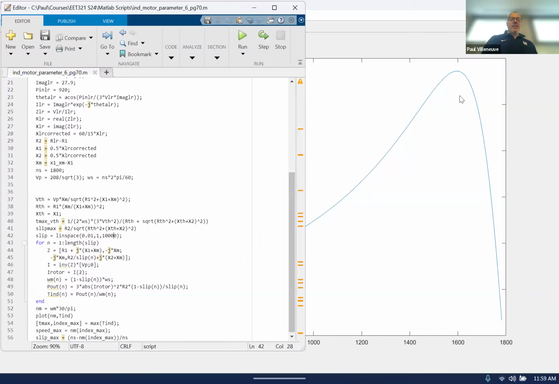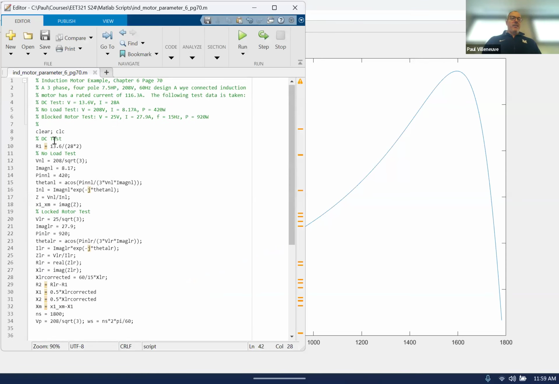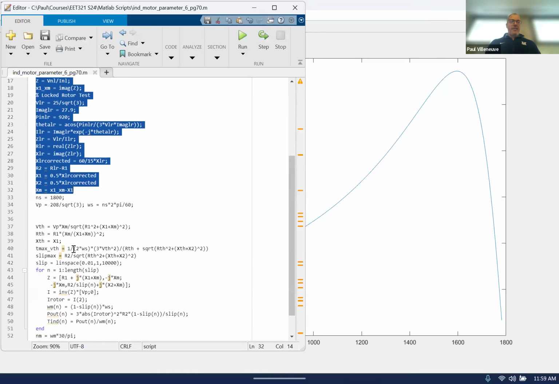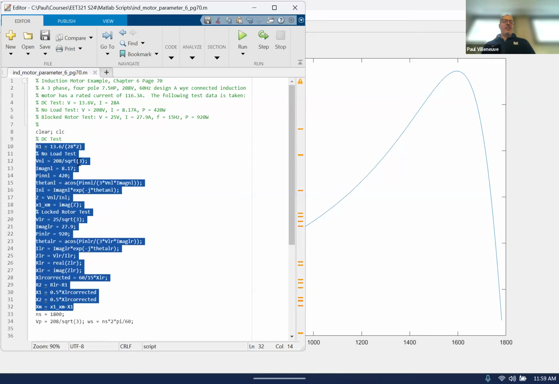So again, you don't need to be an expert at MATLAB. I didn't expect you to do any of this stuff over here. But the lines from here to here are how you calculated that. And then I had 2 or 3, maybe 4 additional lines to calculate that. So maybe 15 lines, but that's just like you were doing it in your calculator. I like it because, as I said, if you look at the beginning, it says clear and clc.